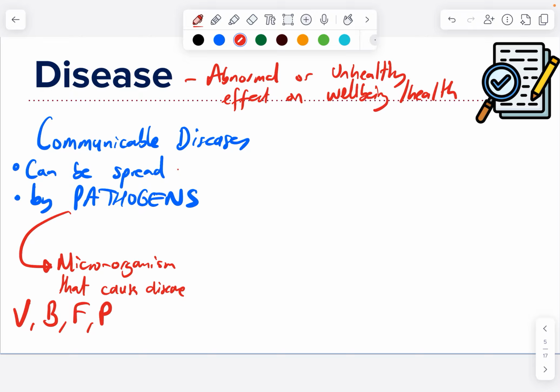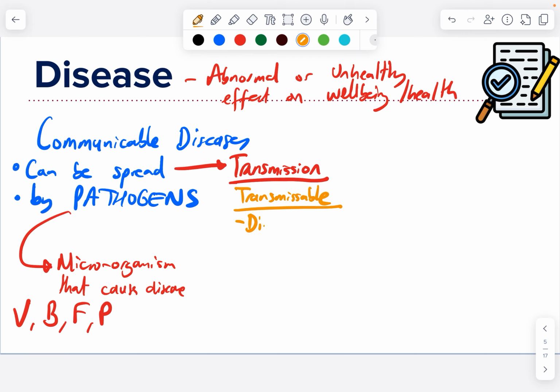And then spread, what we mean by spread is transmission. So that could be a word that they use, or if a disease is transmissible. And really what we're talking about here is how does it spread from one person to another.